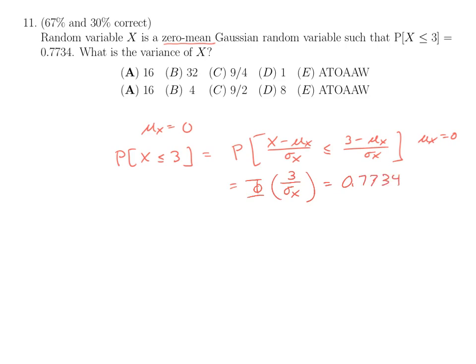And then I tell you this is 0.7734. This is kind of nice because this was an open book, open notes exam. You're supposed to have had a phi table handy. I think I told you a day or two before, make sure you do. And so you can look up on a table that 0.7734 implies that 3 over sigma x is 3/4.